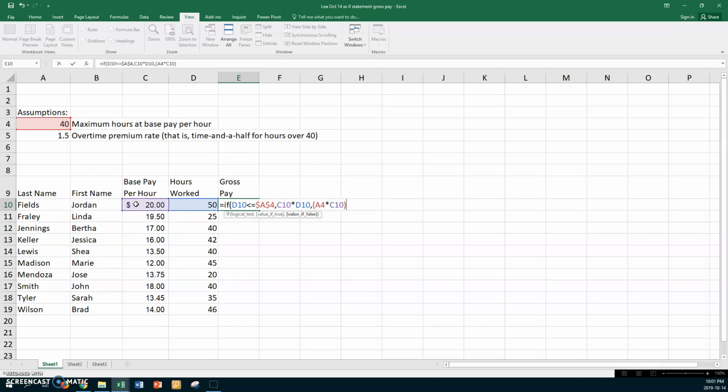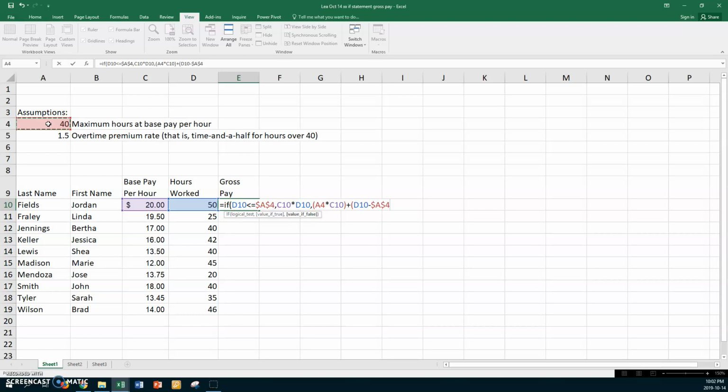Then put in your plus sign, and take your hours worked, in parentheses, minus 40, which is A4 absolute.